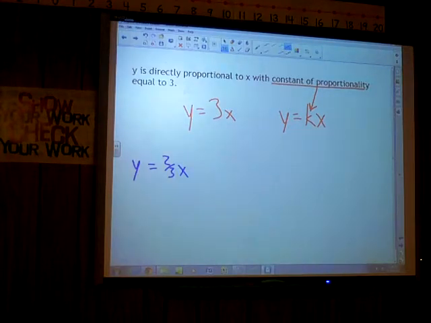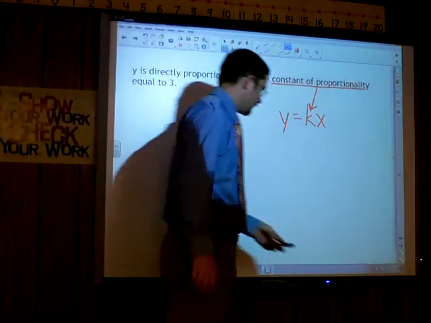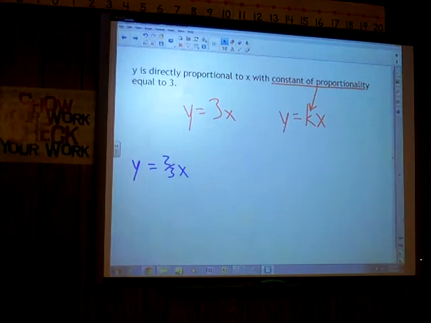Give me a sentence kind of similar to the first one. Madeline? Y is directly proportional to x with a constant of proportionality equal to 2/3. Okay. Y is directly proportional to x with a constant of proportionality equal to 2/3. Okay? Good. Good.